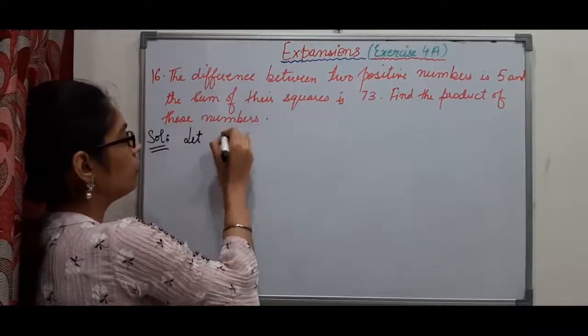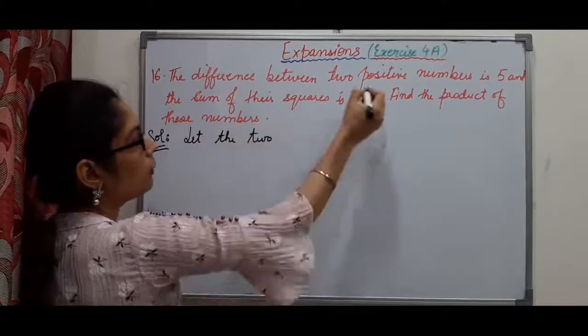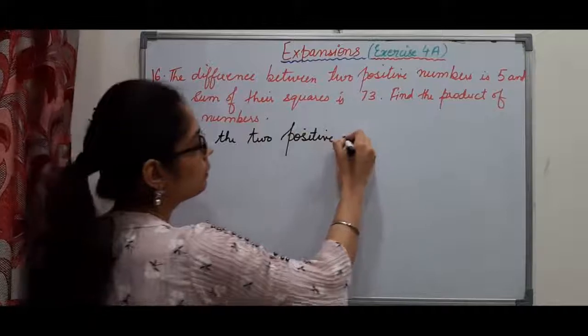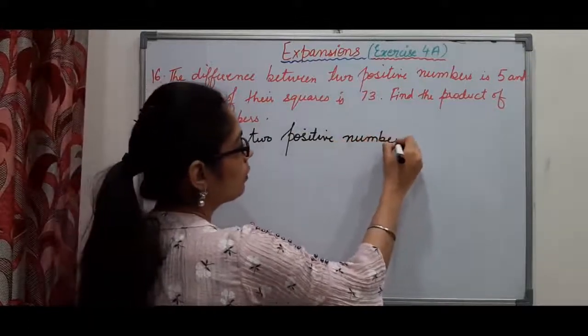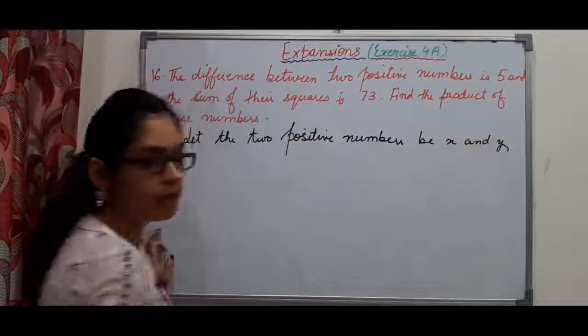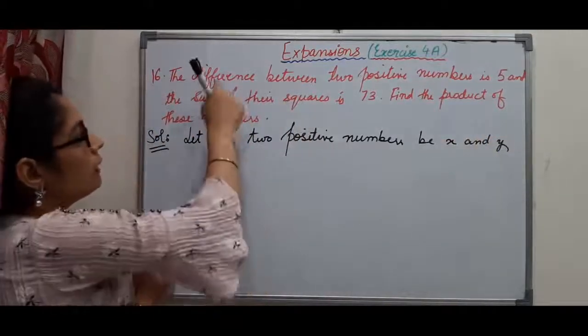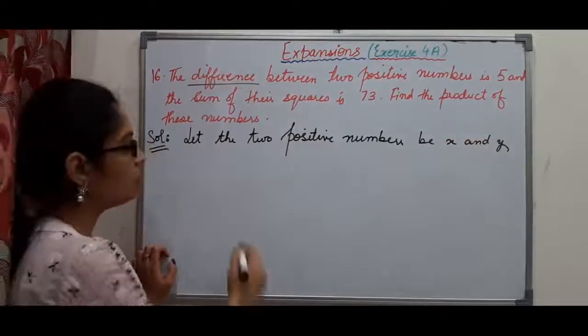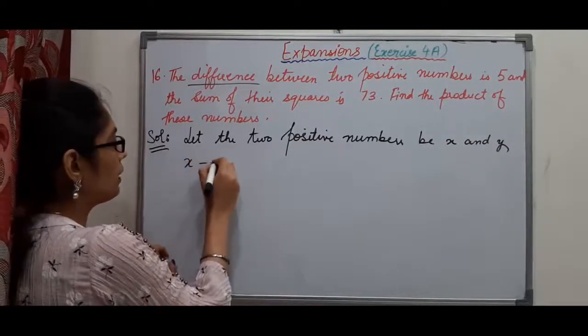So let the two positive numbers, because the numbers are positive, so we can assume, be x and y. So x and y we have assumed. Now the difference between two positive numbers, so that means difference is given, and difference is subtraction.